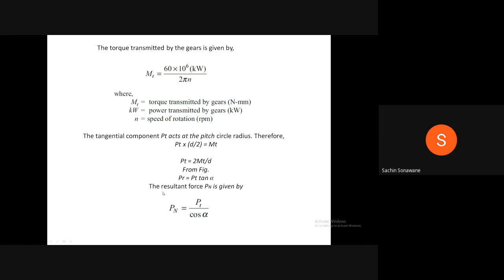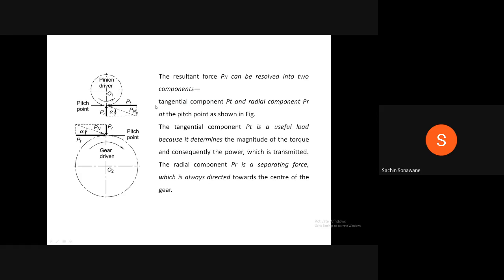Therefore, the resultant force Pn is given by Pn equals Pt upon cos alpha. How did it come? This is the Pn, and this is the alpha. Since this is a right angle triangle, we can use sine, cos, tan or the Pythagoras theorem to find all these three values PR, PT and PN.